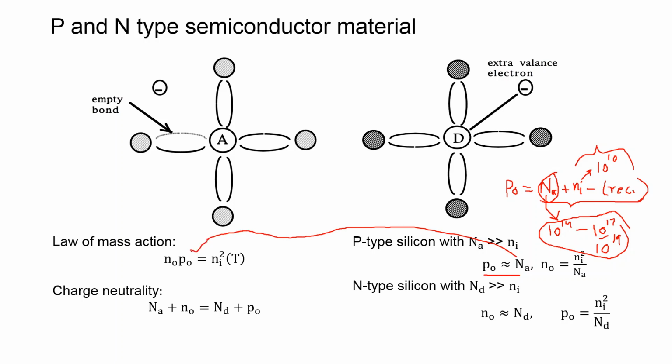If we use this value of P naught and put it here, we can find the value of N naught, which is Ni square by Na. Similarly, P naught can be calculated as Ni square by Nd, because N naught is approximately equal to Nd.